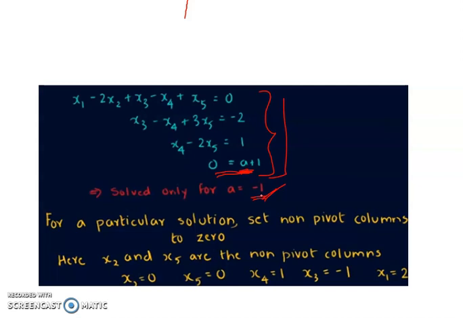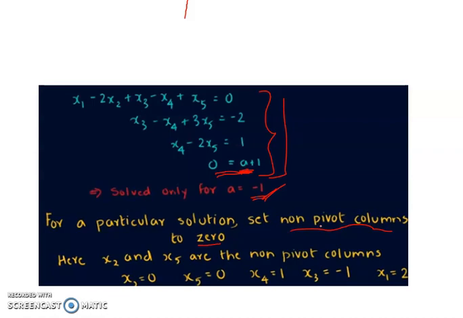So in order to get the general solution from the given set of linear equations, first step is you need to find the particular solution. In order to find the particular solution, first step is we want to identify the non-pivot columns and set those non-pivot columns to 0. These non-pivot columns will be representing some variables.